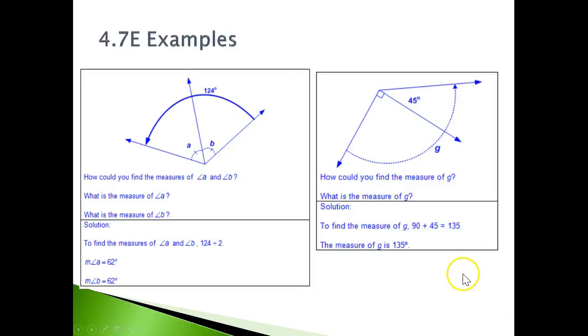For example, if we look at this particular one, we have a 90-degree angle. We know that because of this little box or square by the vertex between the two rays. So if we know that this is 45 degrees and we know this means 90 degrees, then we would add 90 plus 45 to get 135 for that angle.